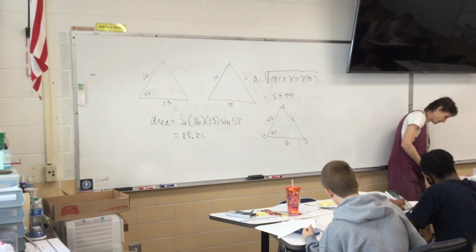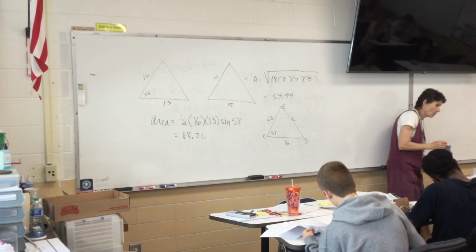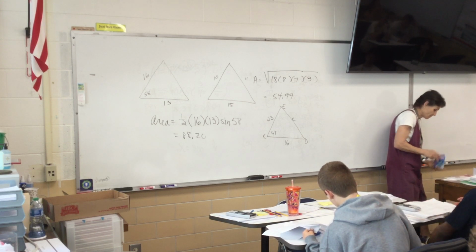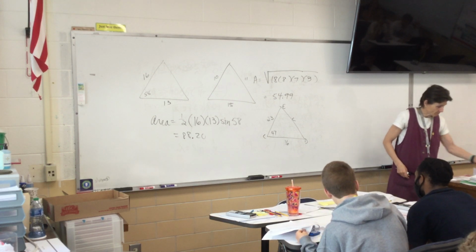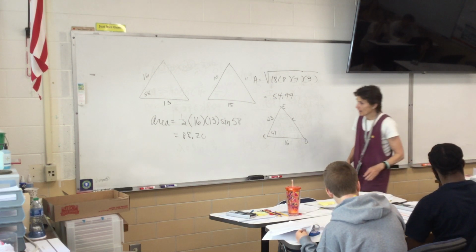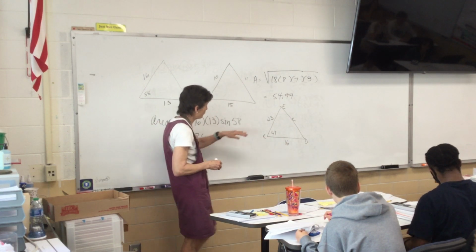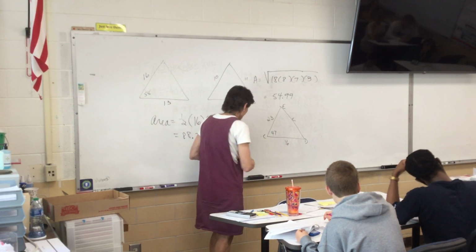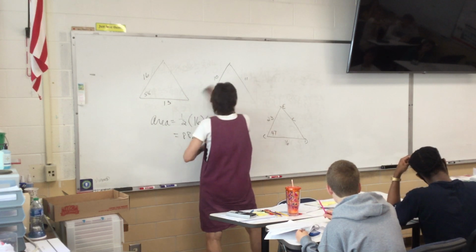This is not area. We do law of sines or law of cosines, right? So we just gotta look at the problem and figure out which one is going to be appropriate for this situation. So what do you think?